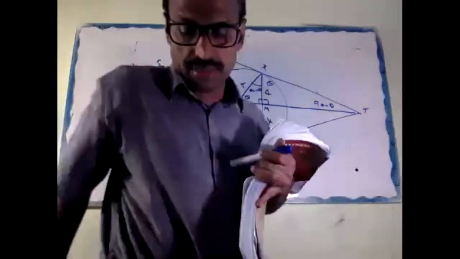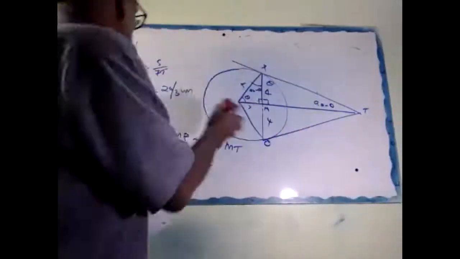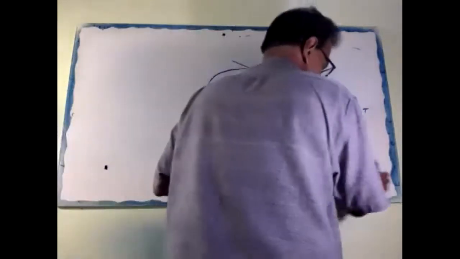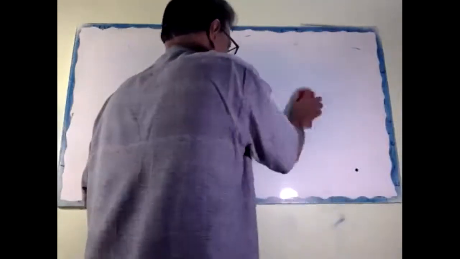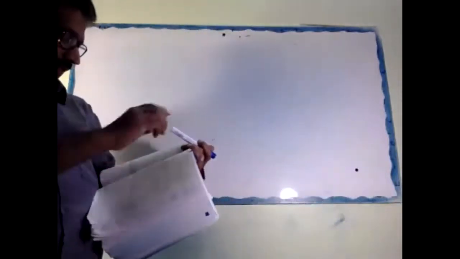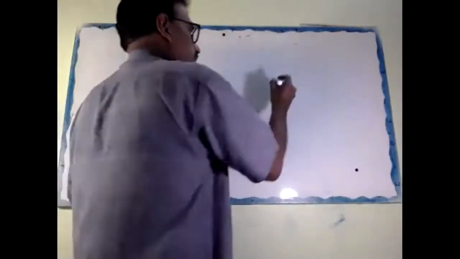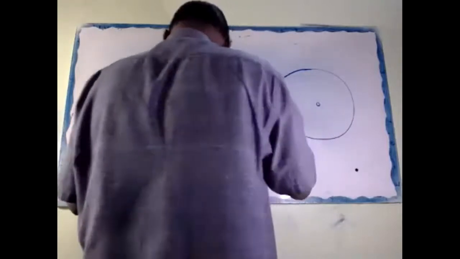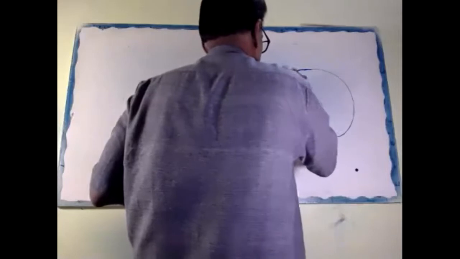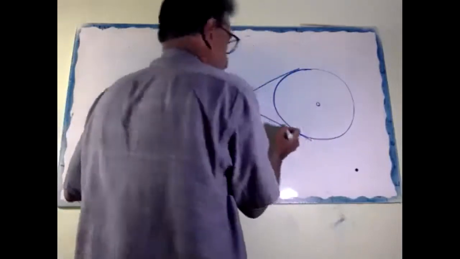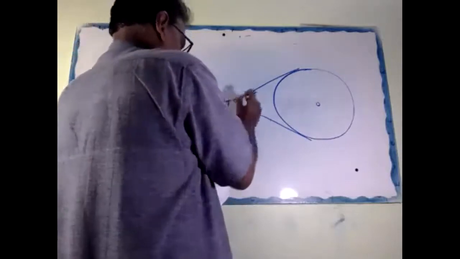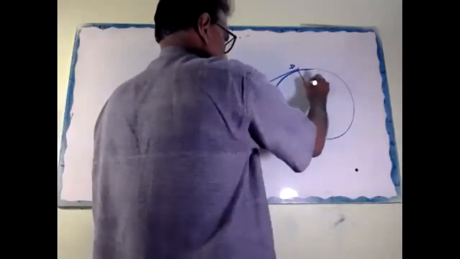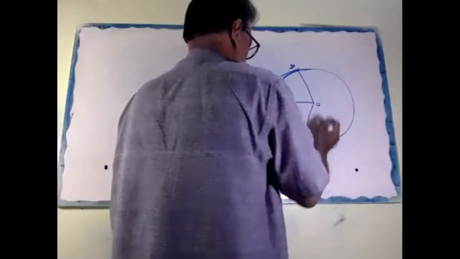Okay, look at here, the figure. Listen here. Here, two tangents, P, Q. Okay, what do you have to find out?